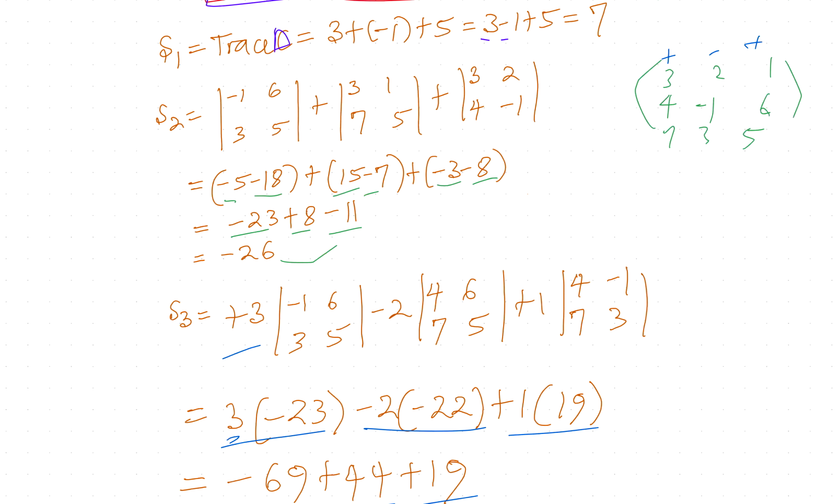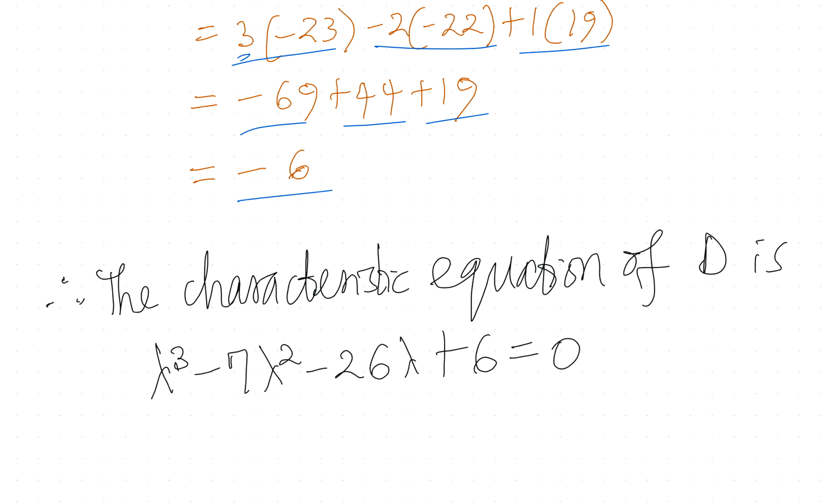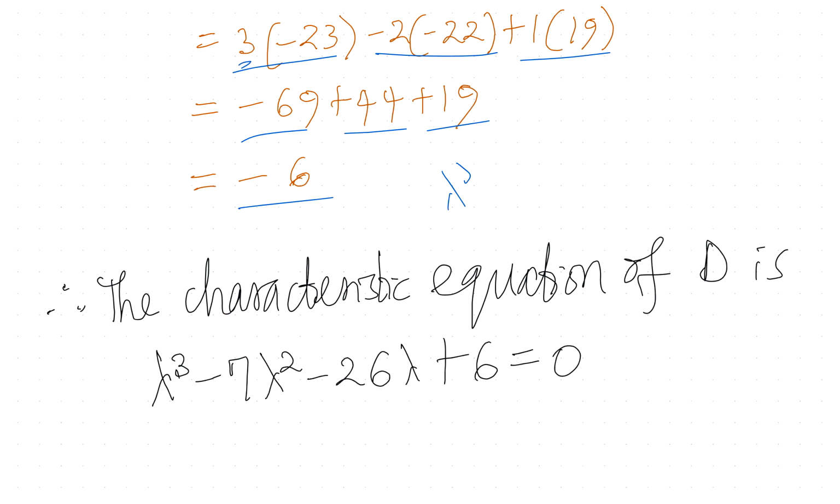So to get the whole thing out, don't forget the general form is lambda cubed minus S1 lambda squared plus S2 lambda minus S3, all that equals 0. S1 is 7, so we have 7 lambda squared.